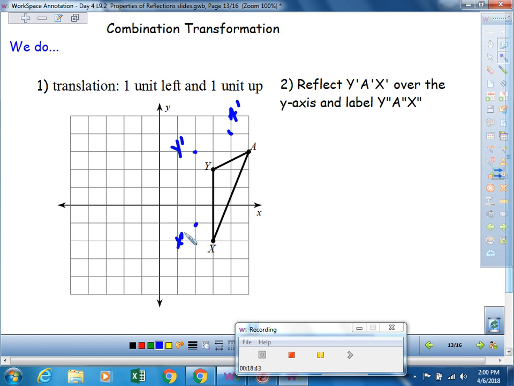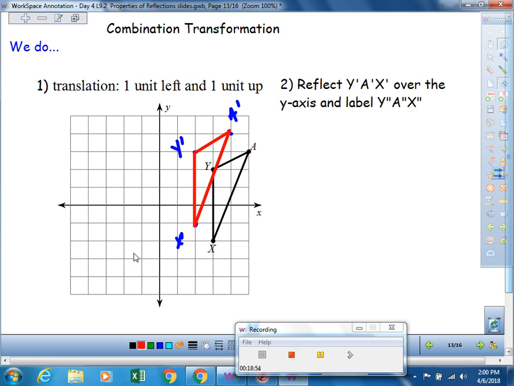So what happens is, on a test or quiz, say you forget to put the prime mark, then you lose points for the prime mark. But you would get the point for the shape. If you go over the wrong axis, it is all incorrect.